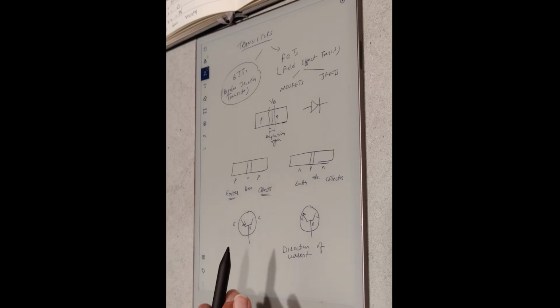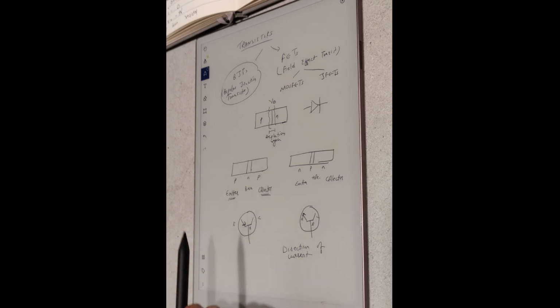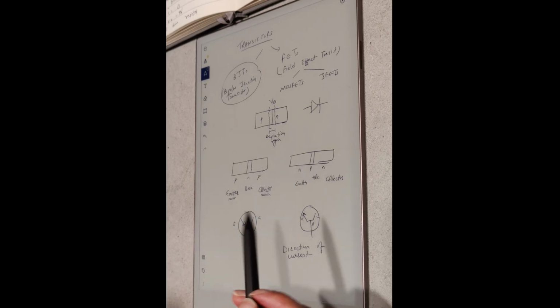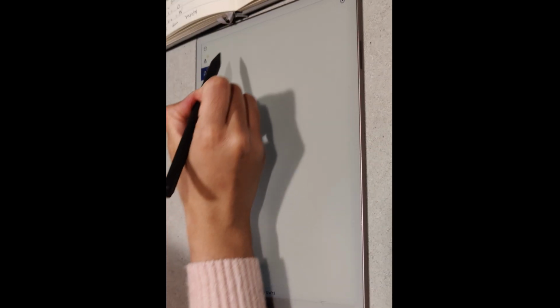All right, so this is the basics. Now we're going to look at what's happening inside the semiconductor in terms of the holes and the electrons. So I'm going to take an example of the NPN, but the same analogy applies to the PNP as well. So let's take a look inside.